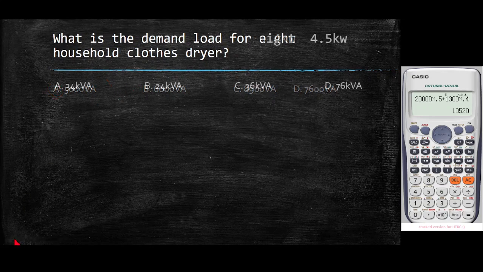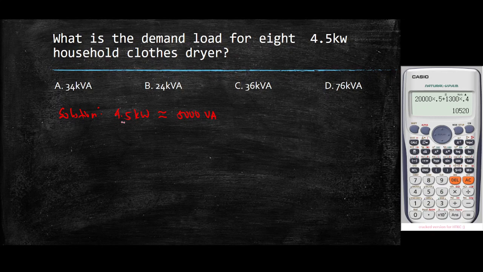Okay, next. What is the demand load for 8 4.5 kilowatt household clothes dryers? For this one, solution. Kasi 4.5 kilowatt yan, ang gagamitin pa rin natin na value is 5,000 VA or 5,000 watts.